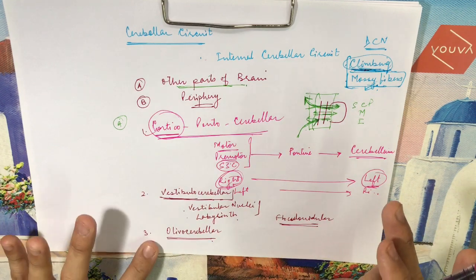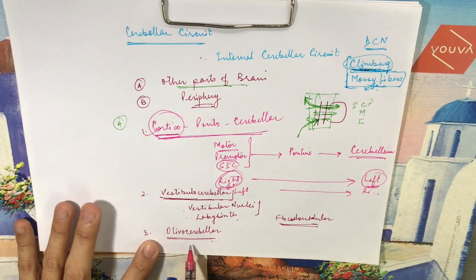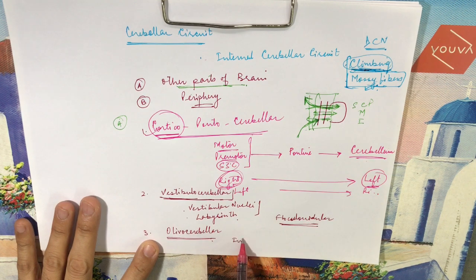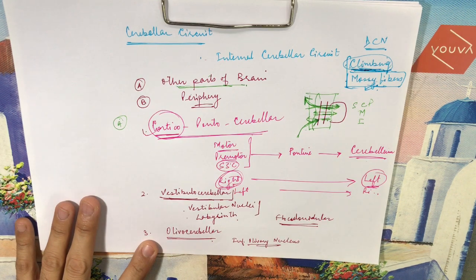So the olivocerebellar tracts originate from the inferior olivary nucleus. What kind of information is it providing?